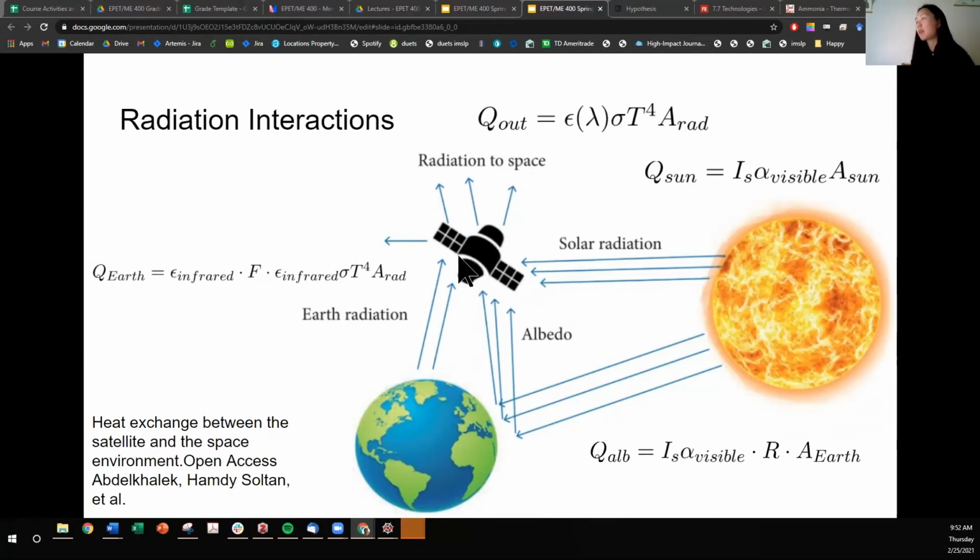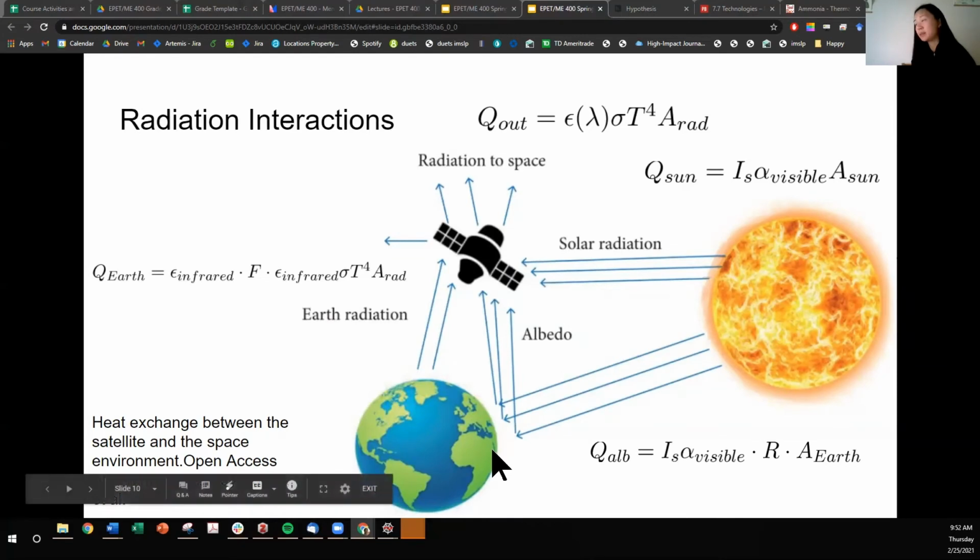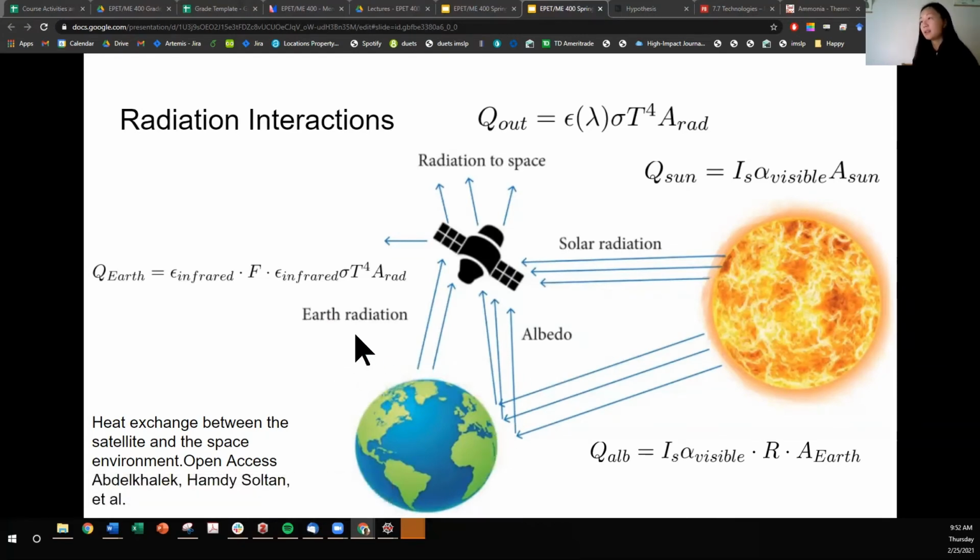We have the spacecraft absorbing solar radiation directly from the sun and indirectly through reflection off a planet, called albedo, and also absorbing Earth radiation coming from the heat of Earth. Let's go into each of these equations, and at the end of this activity, we'll get real numbers for our CubeSat and see what our equilibrium temperature is going to be.